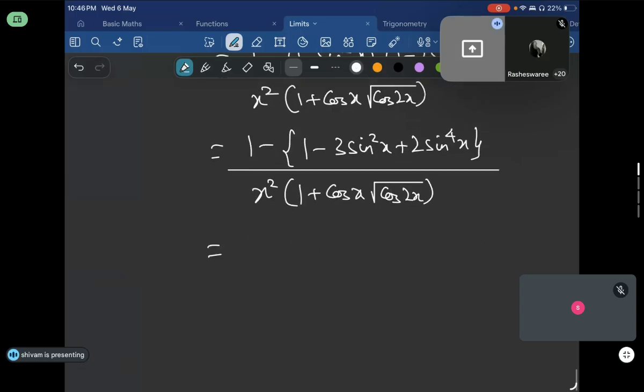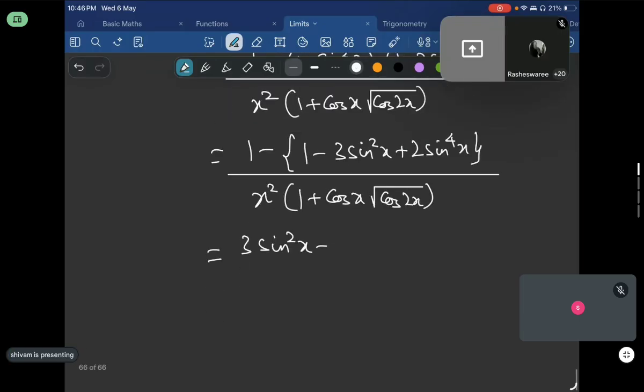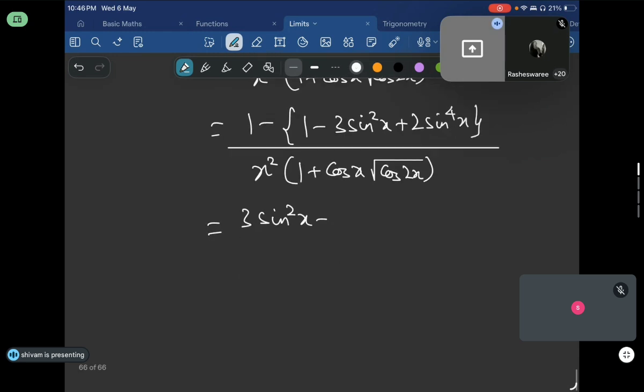Next, when you open the brackets, 1 will get cancelled. You'll get 3 sine square x minus 2 sine to the power 4 x, divided by x square into 1 plus cos x into root over cos 2x.